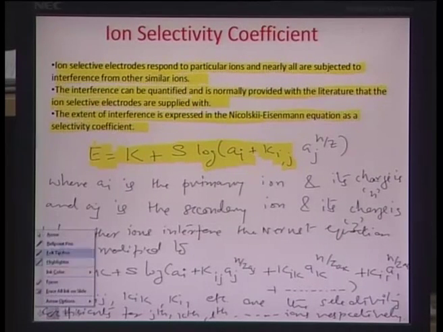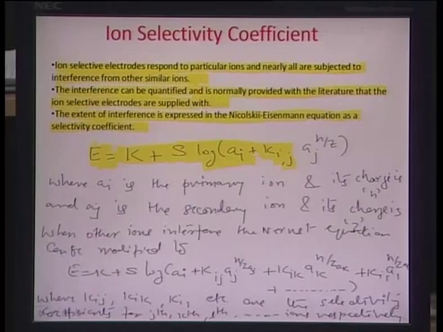This is a measured quantity, and I will show a table with several such values of Kij, the selectivity coefficient for a jth interfering ion for an ith primary ion of interest.